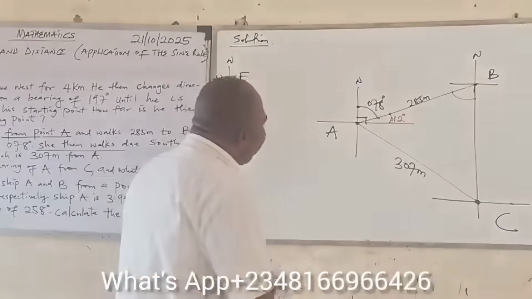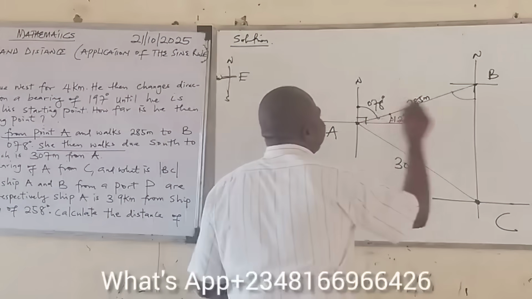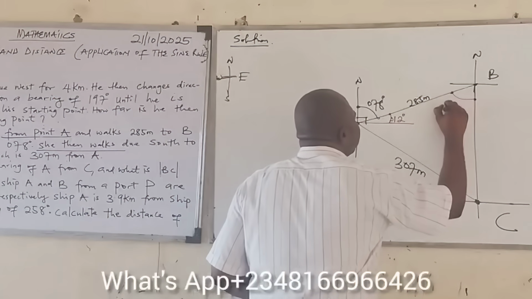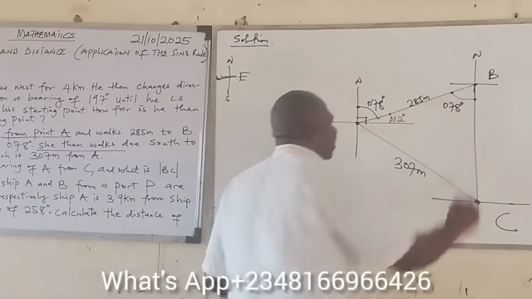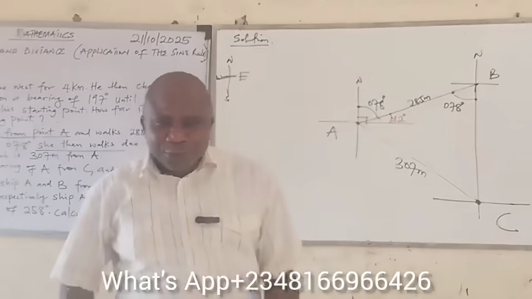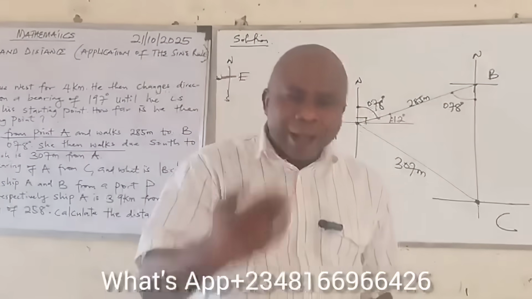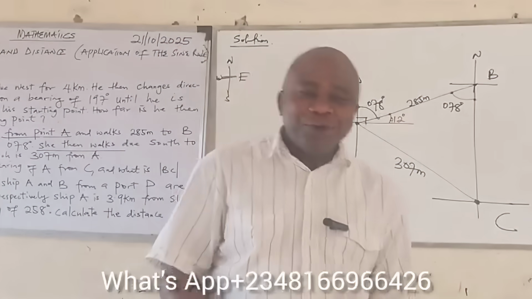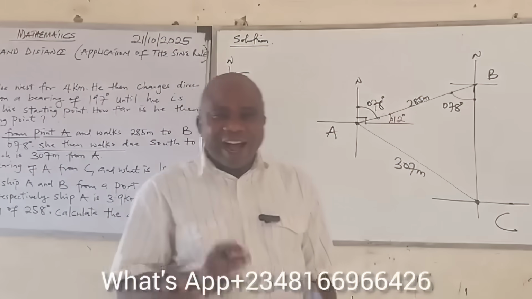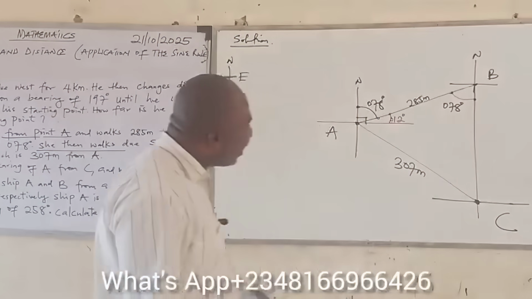So if this is 78 degrees, it means from this point to this point is also 78 degrees. That relationship is called the alternate angles relationship, and alternate angles are equal.